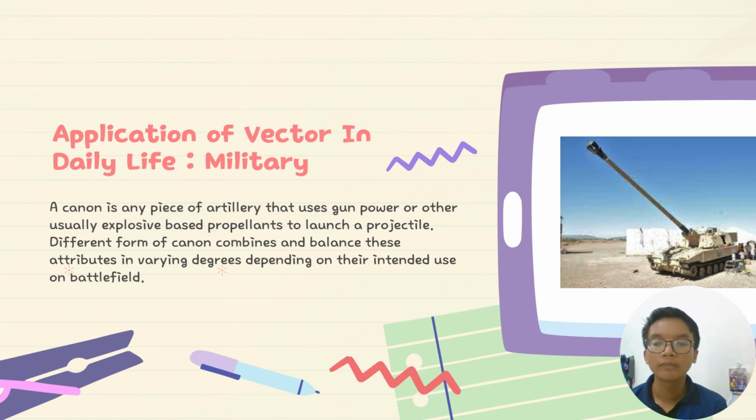Different forms of cannon combine and balance these attributes in varying degrees depending on their intended use on the battlefield. The use of vector here is crucial, because when you want to target something in another area, we use the direction and magnitude of the vector to determine the distance of the propellants.